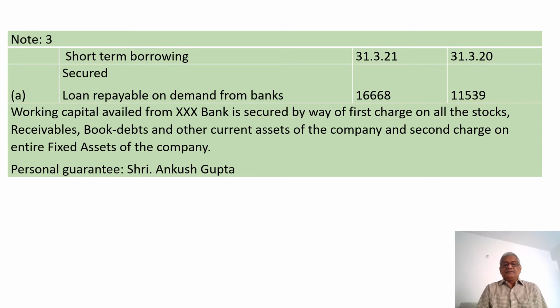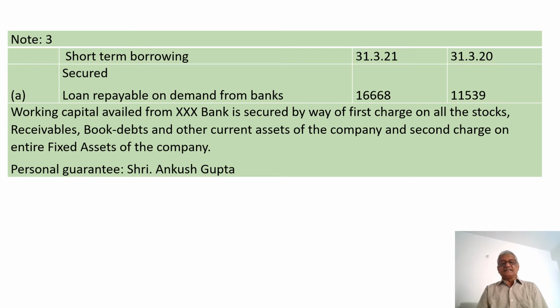Now here is an example. The note shows short-term borrowing secured is 166.68. Last year it was 115.39. And below that you have to write: working capital availed from the bank is secured by first charge on all the stocks, receivables, book debts, and other current assets of the company, and second charge on entire fixed assets of the company.